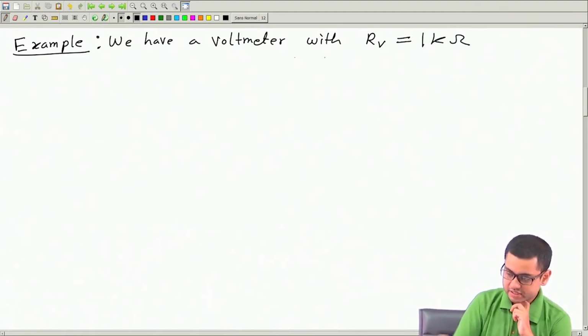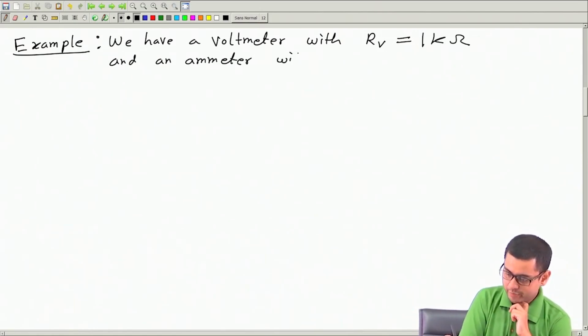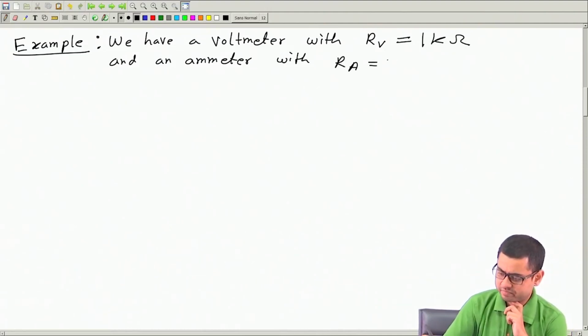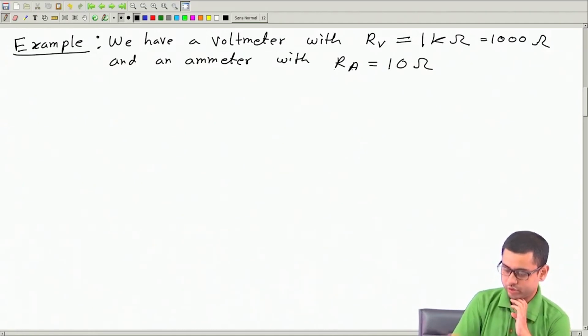And an ammeter with ammeter resistance RA equal to, say, it should be small, let's take 10 ohm. So we are taking a small value for ammeter resistance and a large value for the voltmeter resistance. So this is 1 kilo ohm, 1000 ohm, and this is 10 ohm.